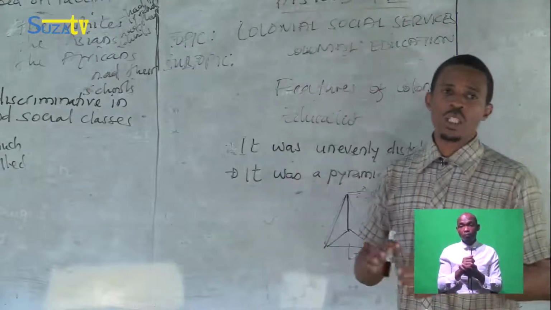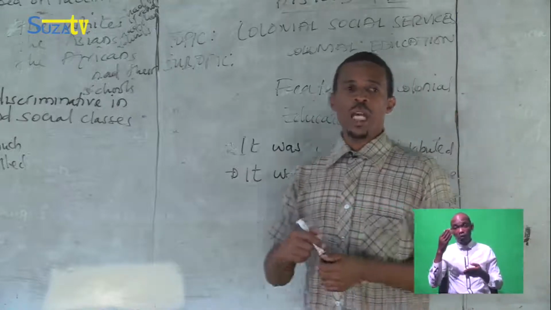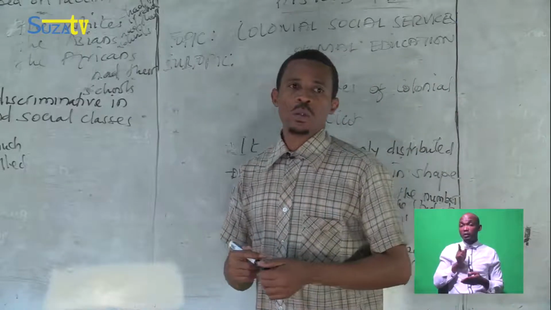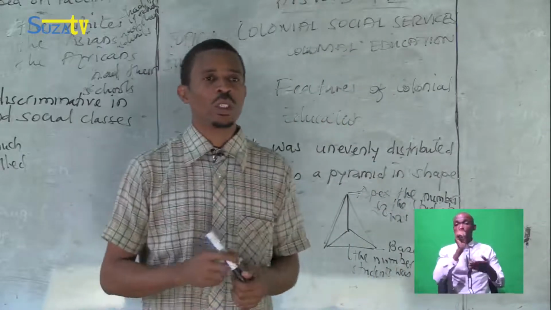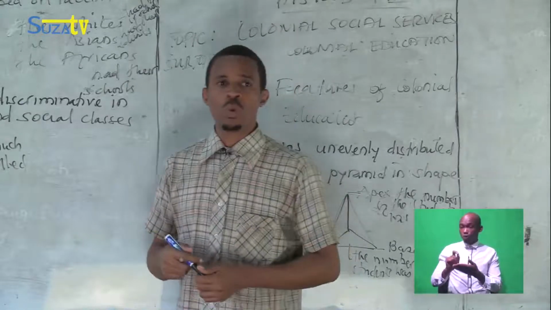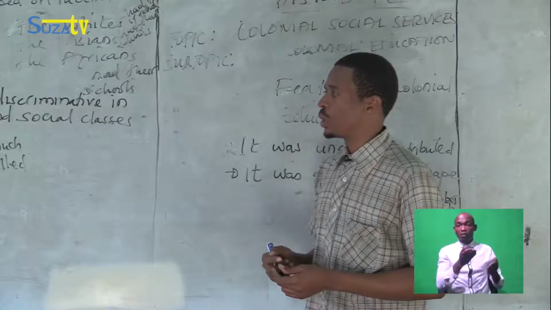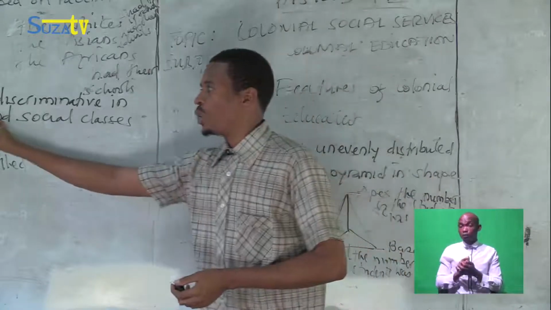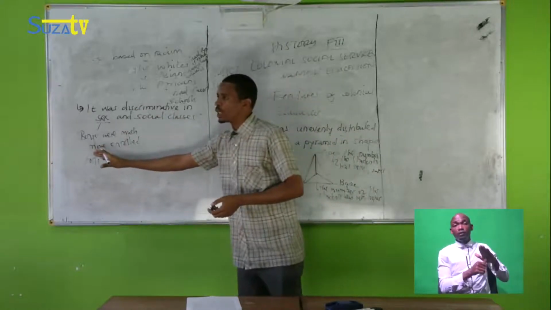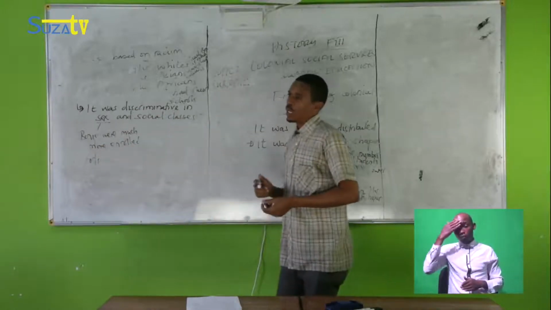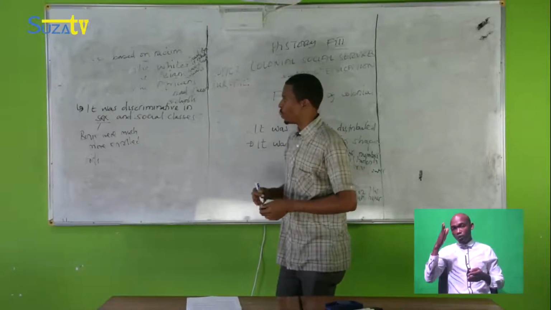The boys were given priority rather than the girls. Many schools constructed in Africa were boys' schools compared to girls' schools. That's why we say it was discriminative. Boys were given priority, while girls were not given the first priority in acquiring education.